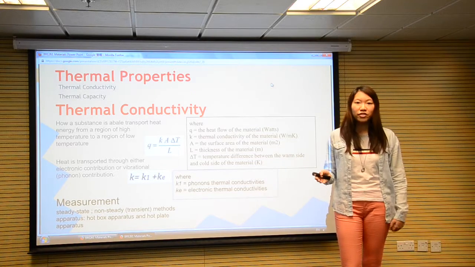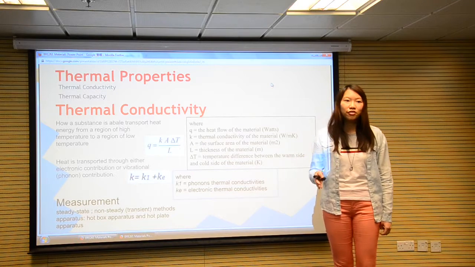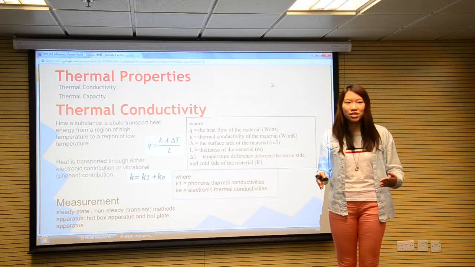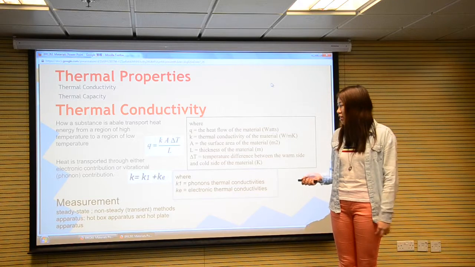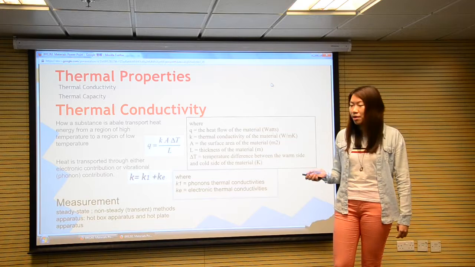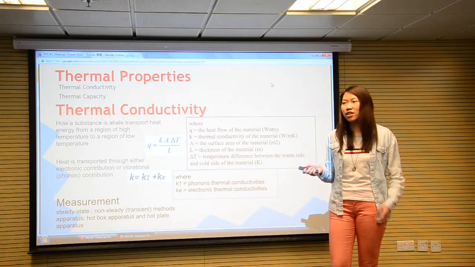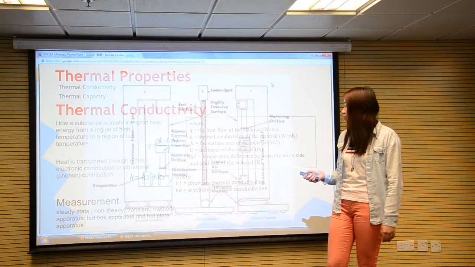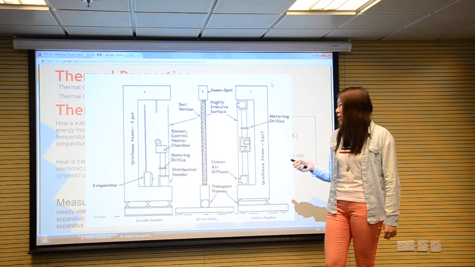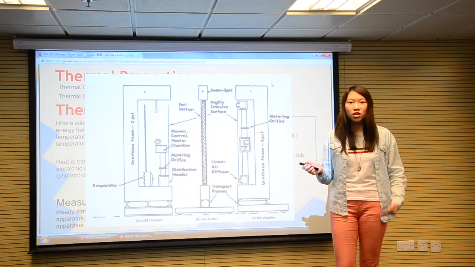For the steady state method, it means the temperature of the building materials will remain constant, and for non-steady state, it means vice versa. And for the apparatus, we can use hot pulse apparatus or hot plate apparatus to calculate the thermal conductivity of a substance. And this graph shows a hot pulse apparatus for calculating the thermal conductivity.